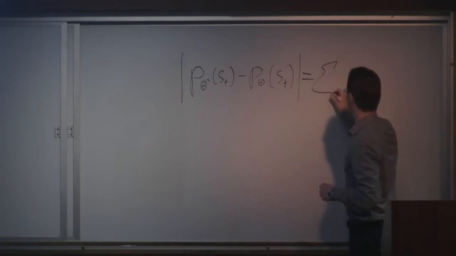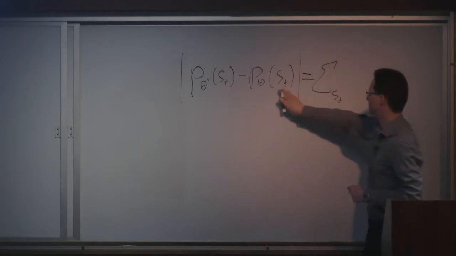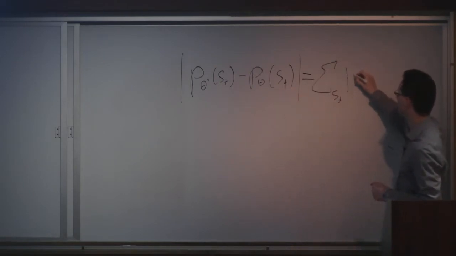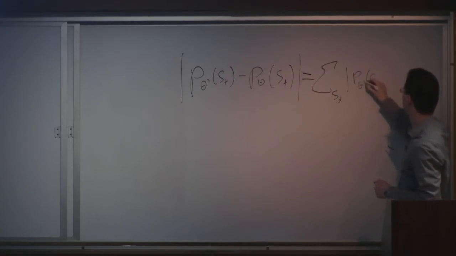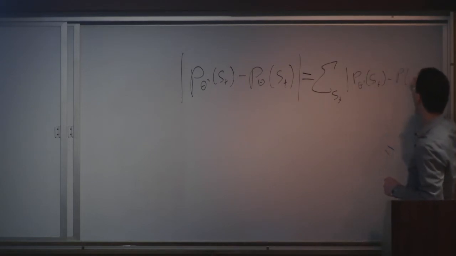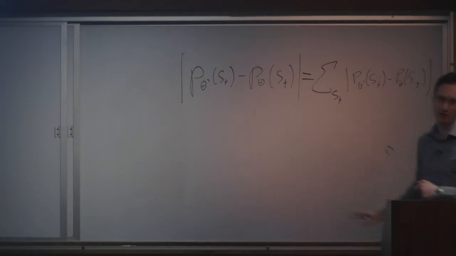It's the sum over all possible values that this could take on of the absolute value of the difference between their probabilities. So this is basically just the distance between the probability distributions, literally using absolute values.